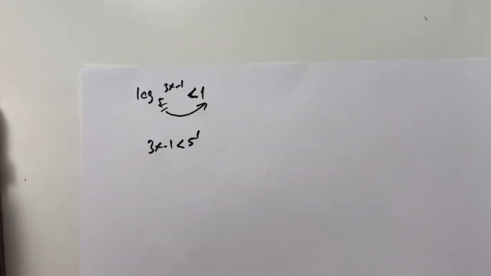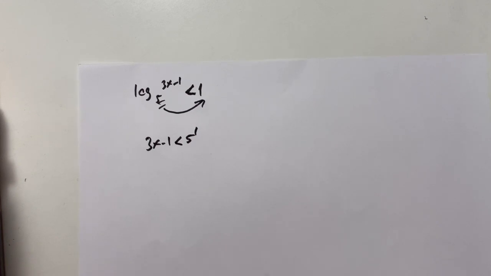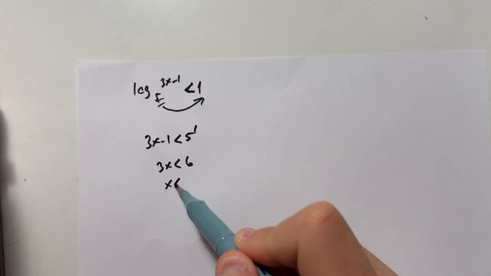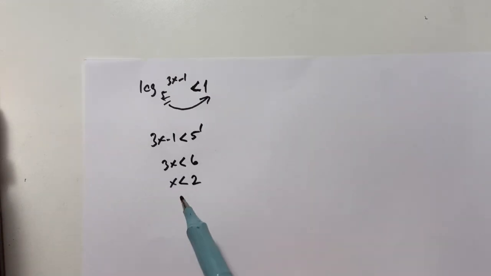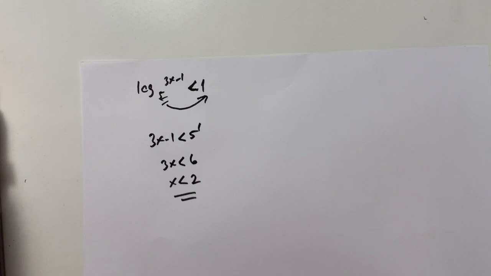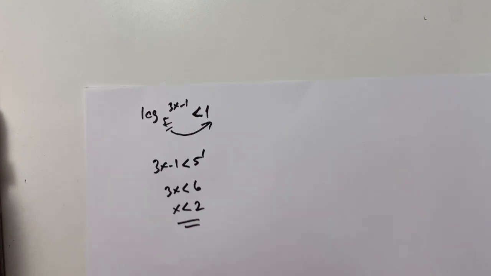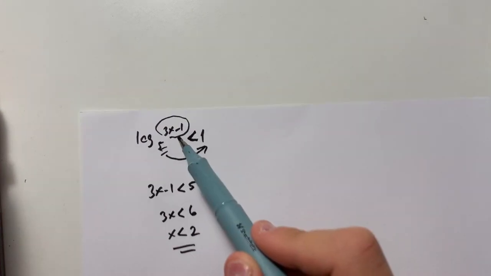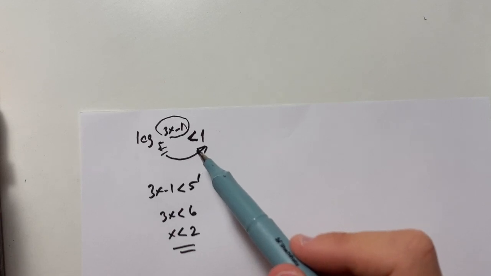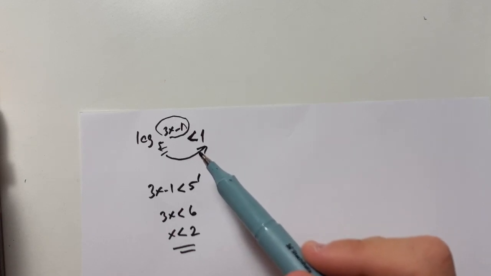And let's solve the inequality like we always do in the previous topics, like this. As you can see, x must be less than 2, but there is one more thing that we have to consider in logarithmic inequalities. Like in the first video, we will find the interval where the power is greater than 0, because the power must be greater than 0 in order for the logarithm to exist.